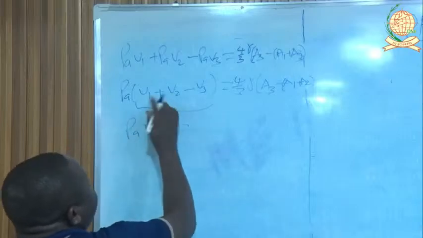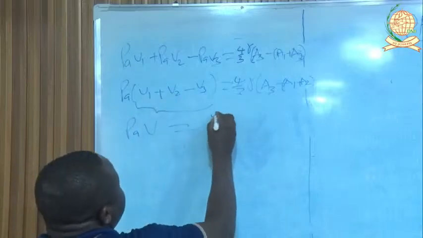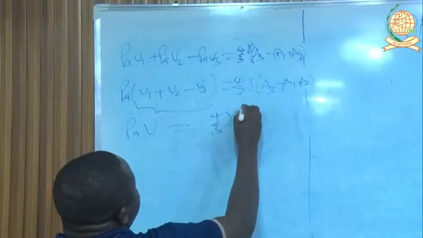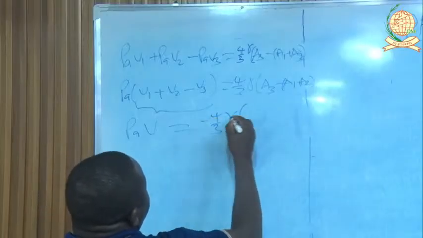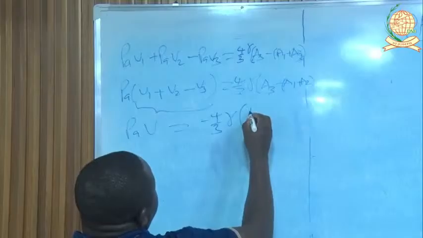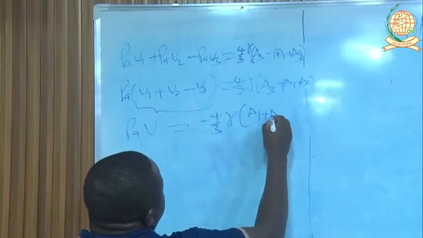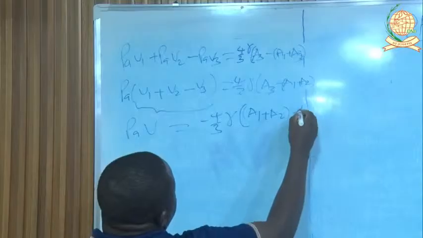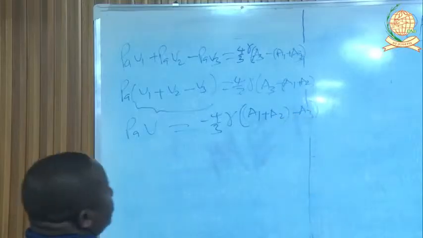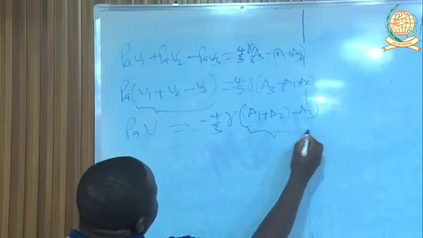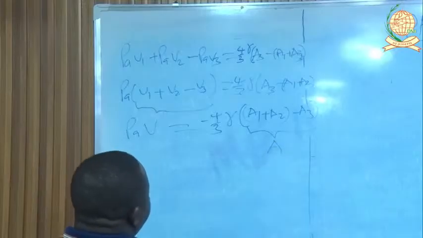So to look like this one, then this can be written as negative area 1 plus area 2 minus area 3. So this again will be the change in total area A.